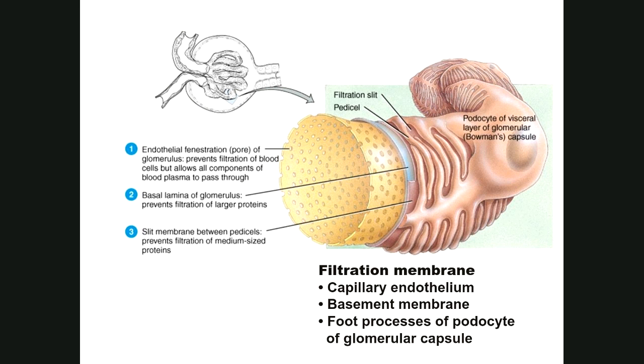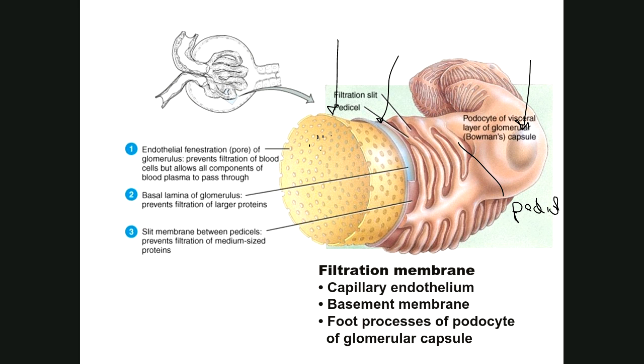So if we look at it, here's again what it looks like. Here's the capillary walls with holes in it. Remember, those are fenestrations. And then there's our basement membrane. And then here's that podocyte, and remember, they have feet. The feet are called pedicels, and those pedicels interdigitate.